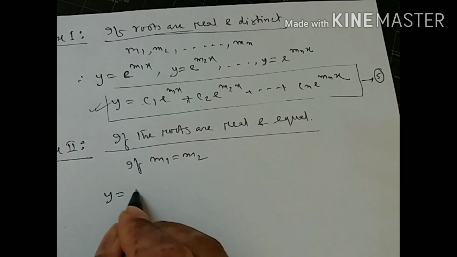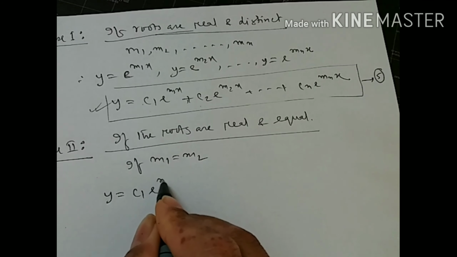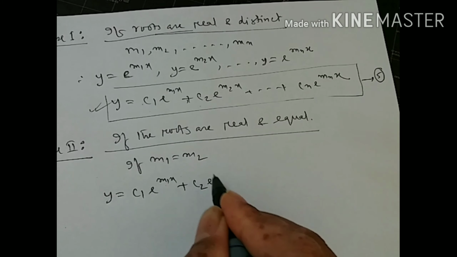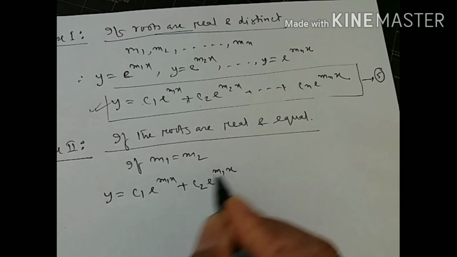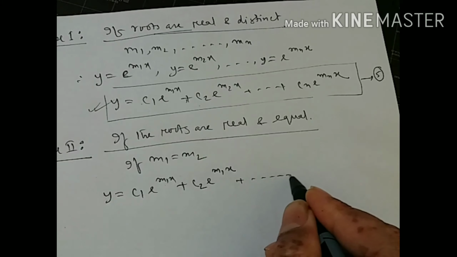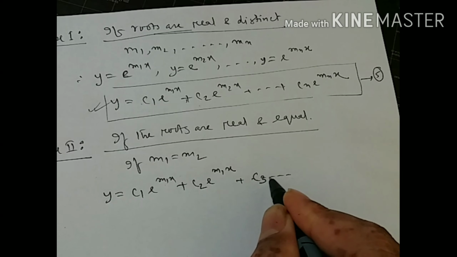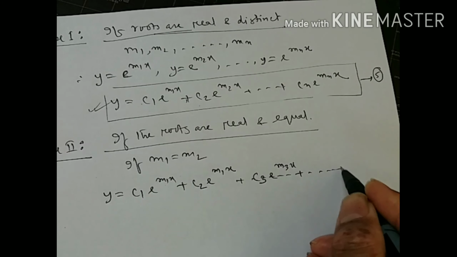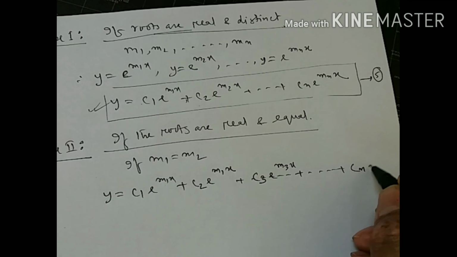This is y equals c1 e to the power m1x, and the second root m2 equals m1, so we are putting m1 in place of m2. So we write another term, c2 e to the power m1x, and so on up to cn e to the power mn x.